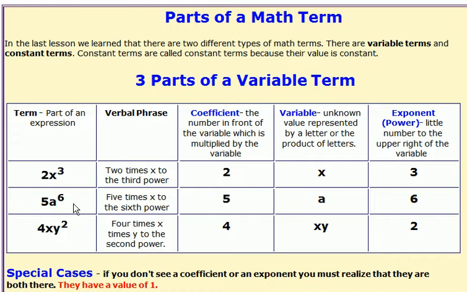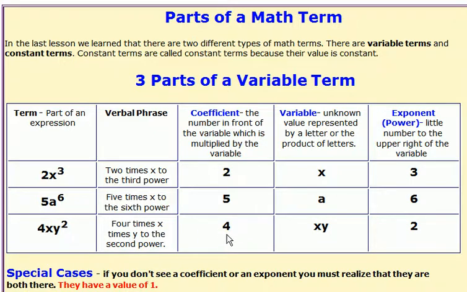Okay, the second example I gave you was 5 times x to the 6th power. So because 5 is the number in front of the variable, we call that the coefficient in the term. And then x is the variable in the term, and 6 is the exponent of that term. Okay? Then the last example I gave you is 4 times x times y to the 2nd power.